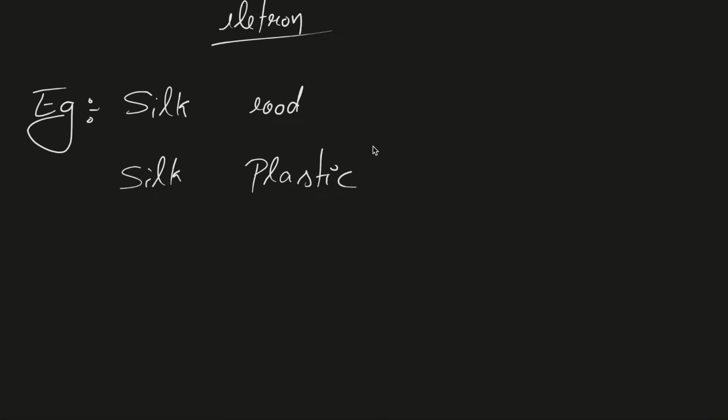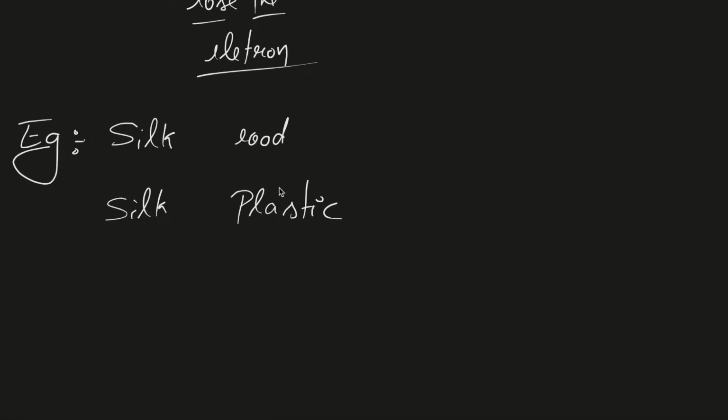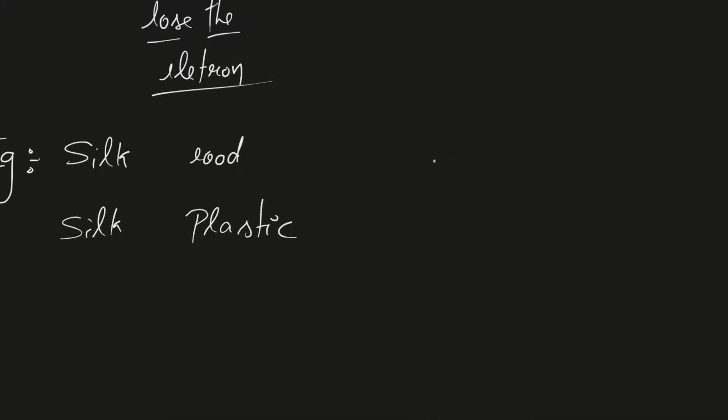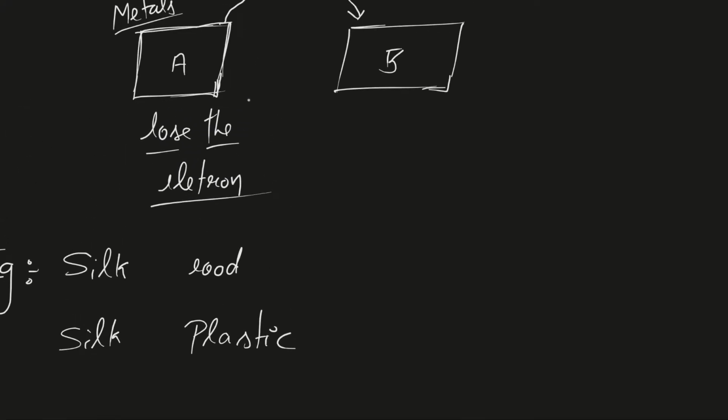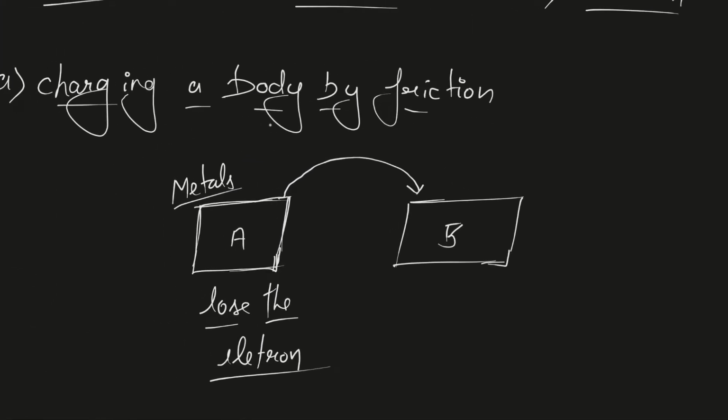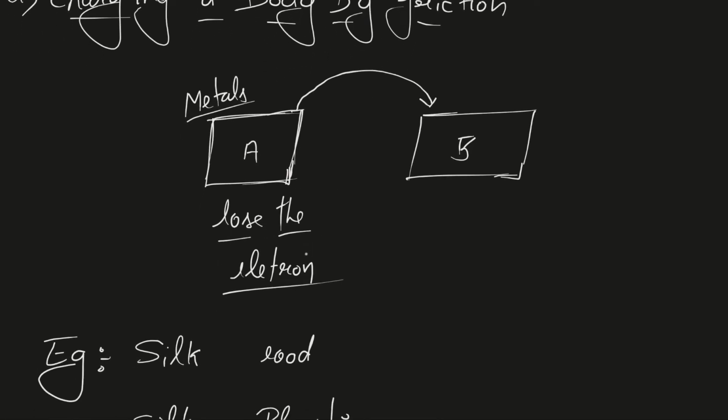And there are many examples of that. I think you have seen the comb, when we rub it with hair, and the comb has the tendency to attract small paper pieces. These are all examples of charging of a body by friction only.